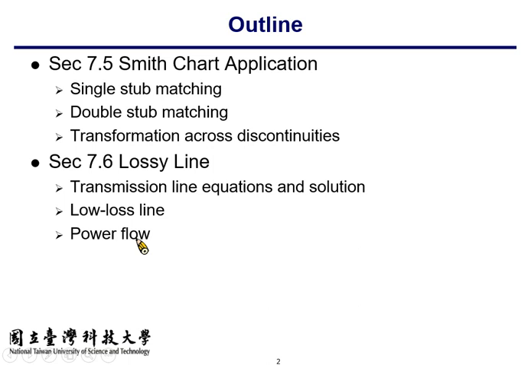What are the impacts of a lossy transmission line on the reflection coefficient and impedance change in the transmission line? In particular, we are more interested in the power flow, because the purpose of a transmission line is to deliver signal or energy.